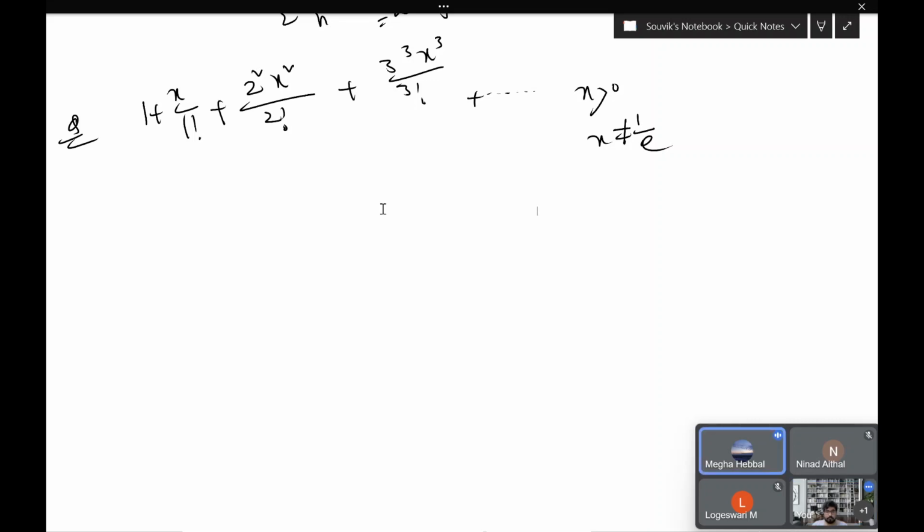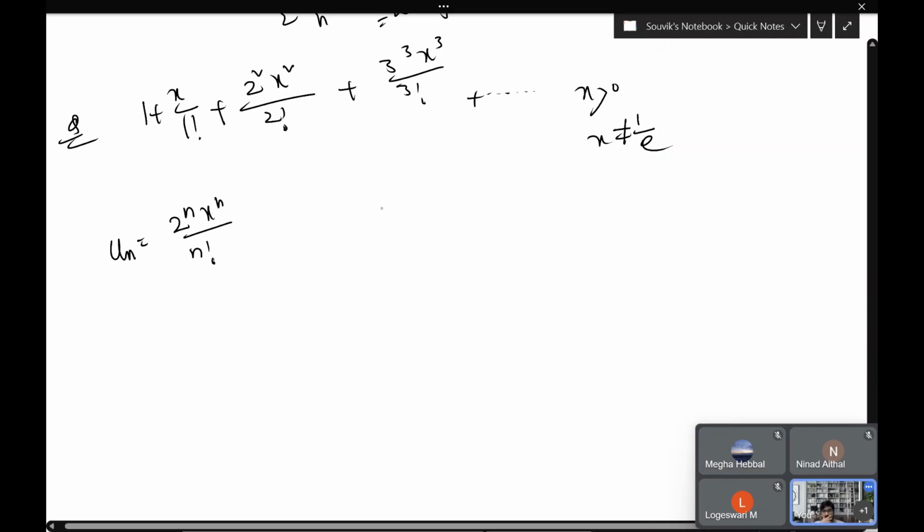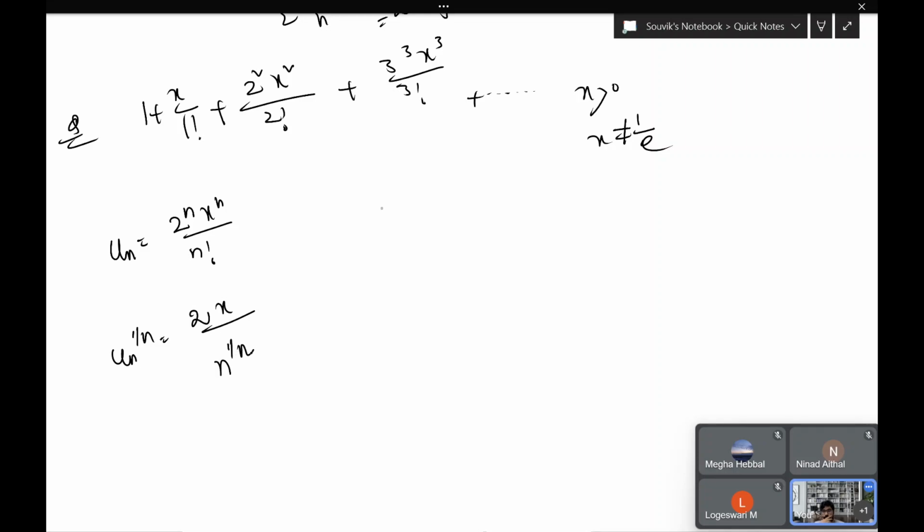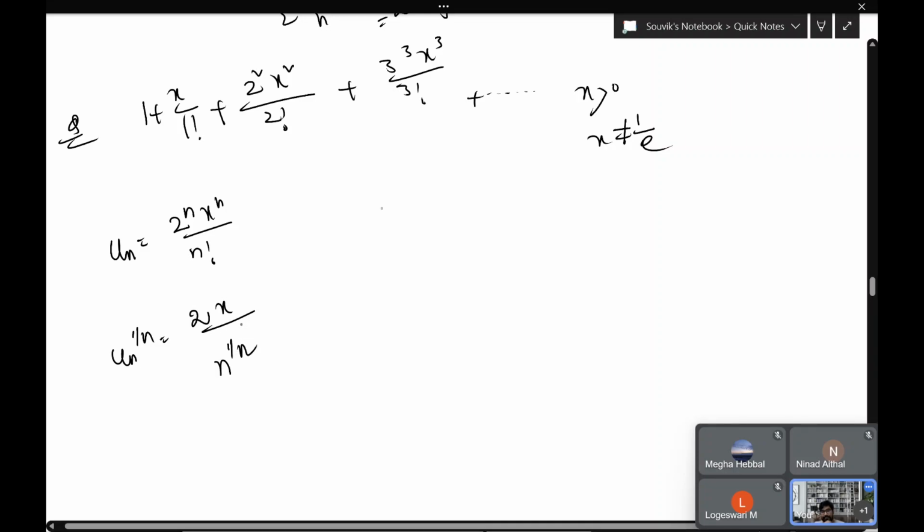I started with Cauchy's root test, but that's leading me nowhere. So maybe a hint would do. Okay, so you are asking to use Cauchy's test. So first of all, what is n factorial to the power 1 by n?